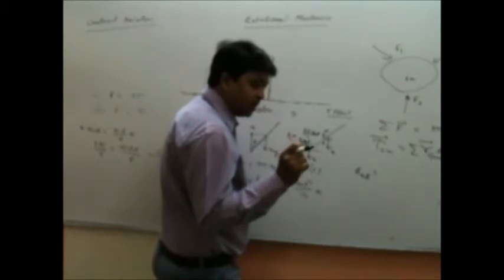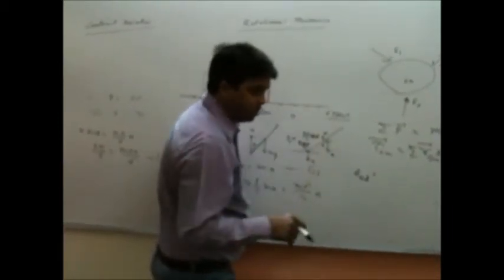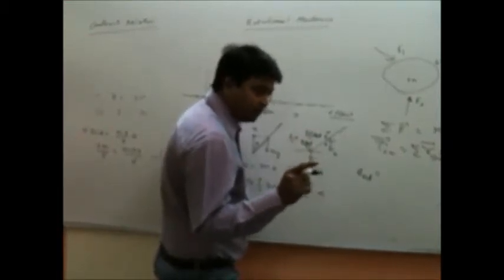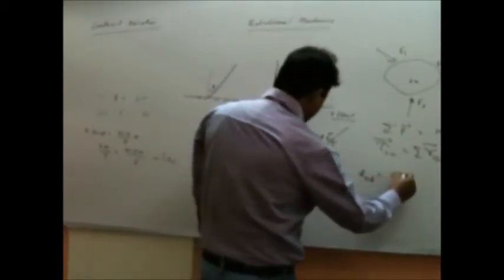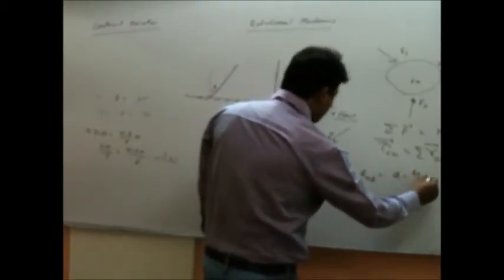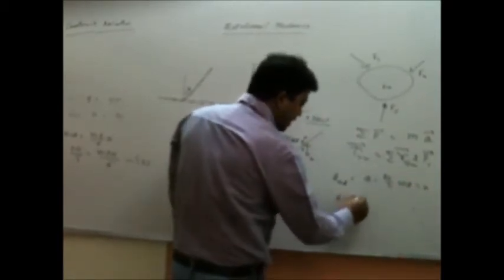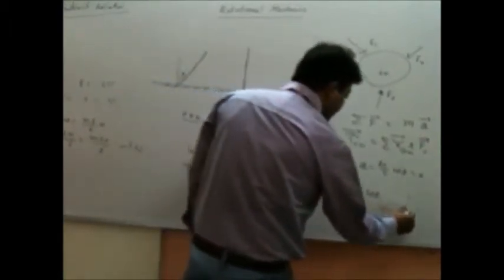That point experiences the surface force as well as the force by the other part of the rod. So the net force acting on it in the vertical direction must be 0, otherwise it will go either up or down. So a_n is A minus L alpha by 2 cos theta, and that must be 0. So A equals L alpha by 2 cos theta. So I got this third equation which helped me solve this problem.